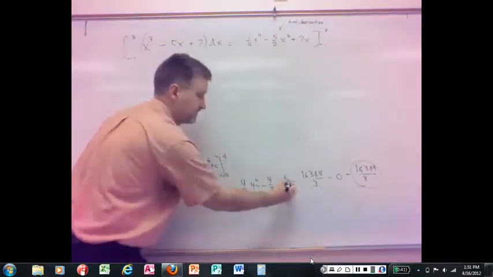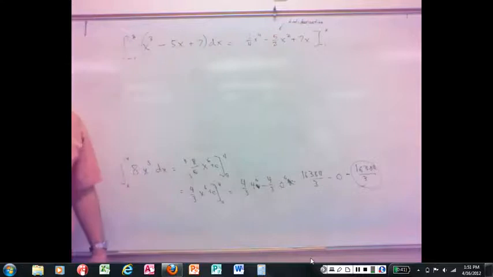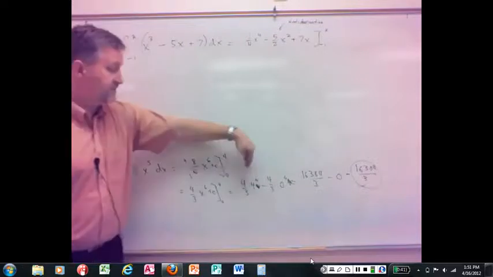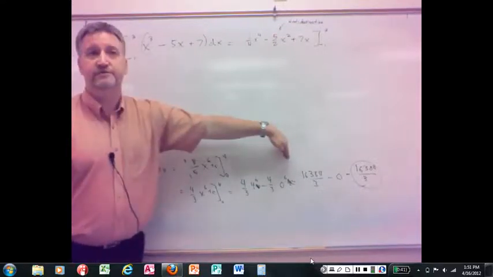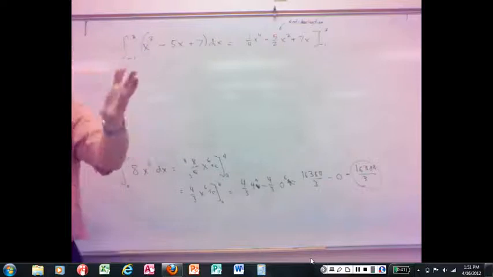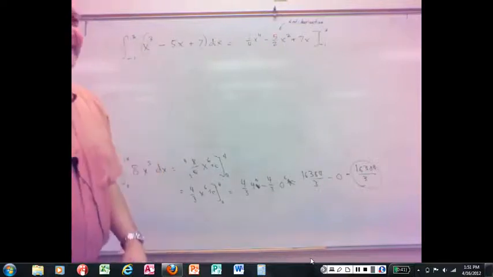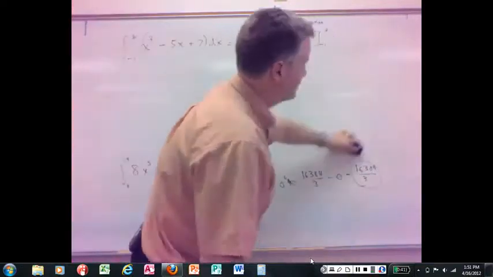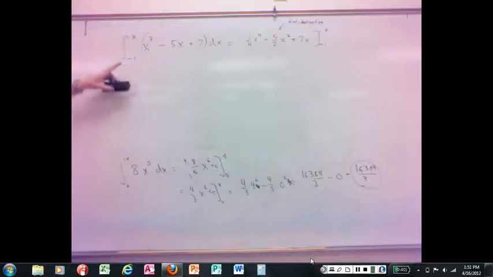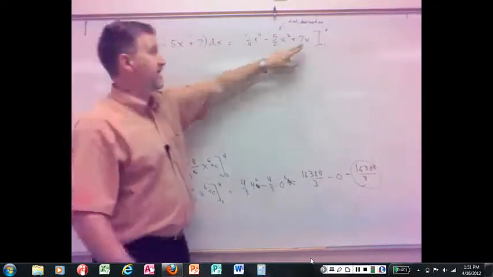Aren't those going to cancel? They cancel out because you got a plus C and you got a minus C, whatever you choose C to be. So why not choose it to be 0? You won't always get away with that, and we'll talk about where we have to add a plus C next time, but for now we don't even have to do a plus C because the plus C's are going to cancel. I'm going to do this minus that.